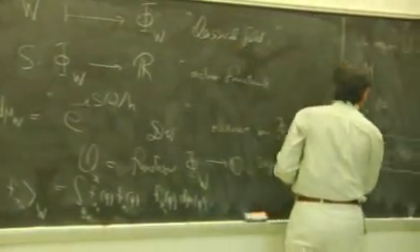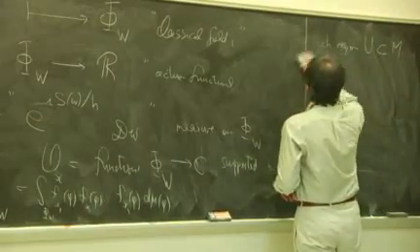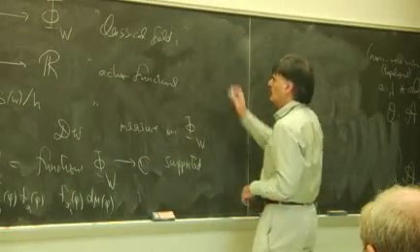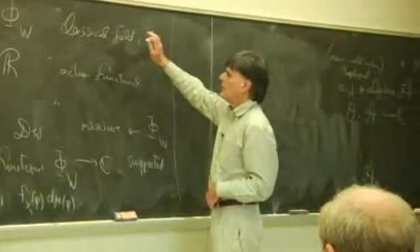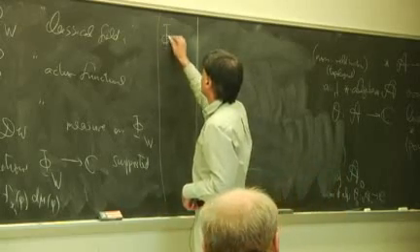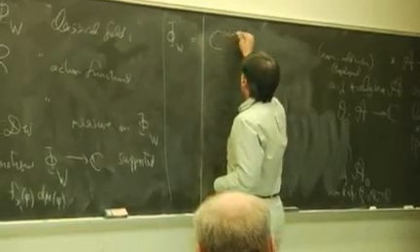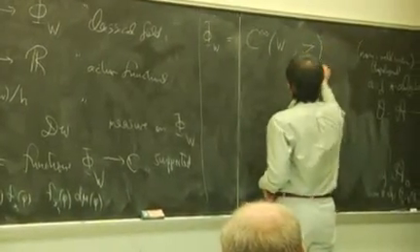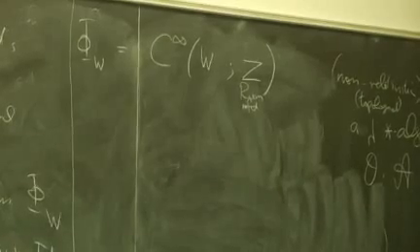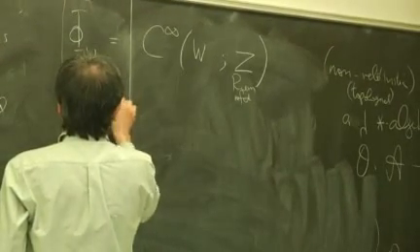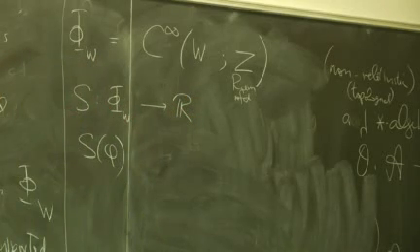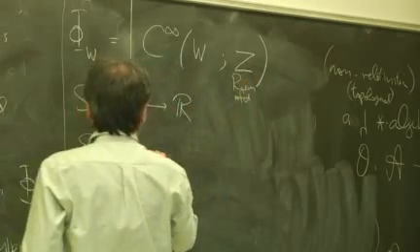I'll just say the typical kinds of examples are when, for instance, the space of fields on W is the C infinity maps from W into some given fixed target Riemannian manifold Z. A typical example of such an S would be the function whose critical points are the harmonic maps from this Riemannian manifold to that Riemannian manifold.